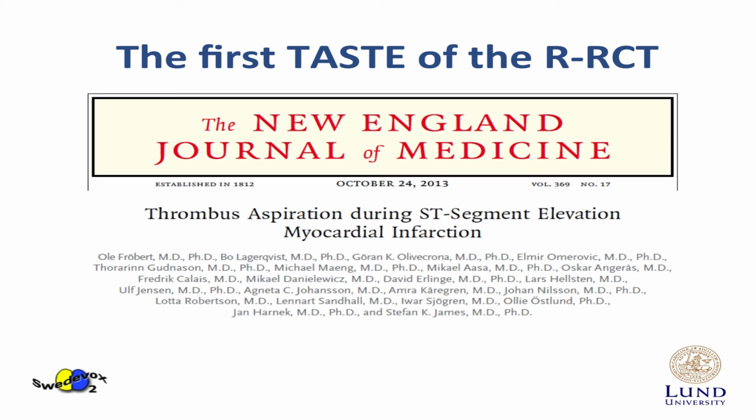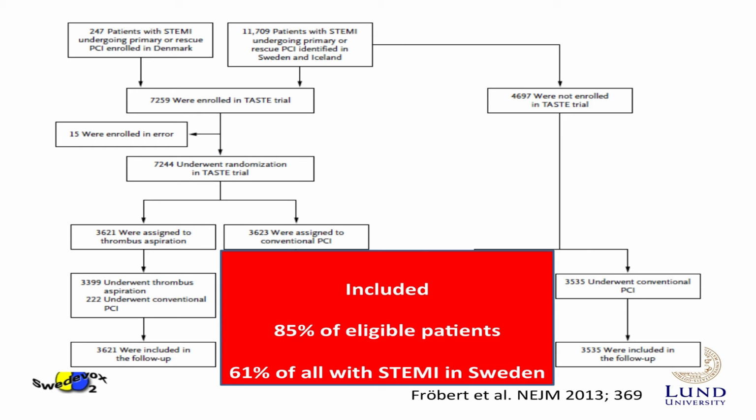So in this trial, they used the SCAR, the Swedish percutaneous coronary revascularization registry. And what they actually did was that they included 85% of eligible patients, that's patients with ST elevation heart attack in Sweden.